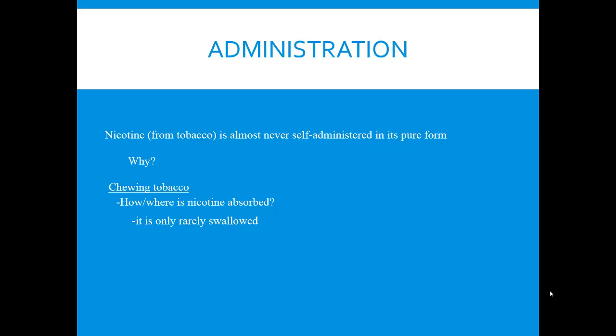In this case, the individual is chewing on the tobacco, and the nicotine is going to be absorbed through the salivary glands in the mouth. Generally, individuals who are chewing tobacco are going to spit the saliva into a cup or some other type of bottle or receptacle. Only rarely, and generally by accident, is the saliva associated with chewing tobacco swallowed.